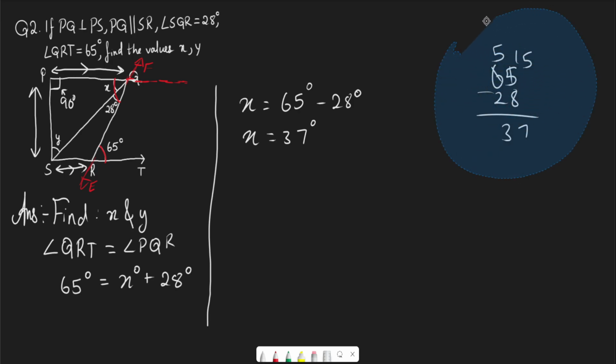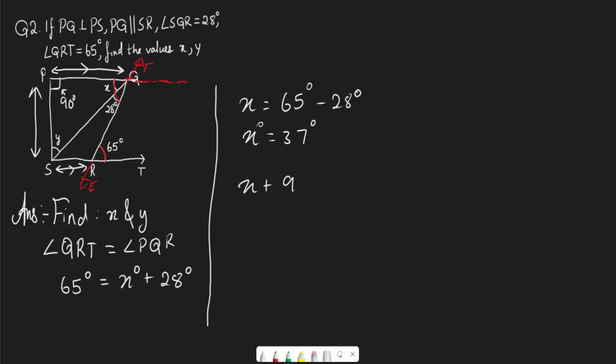Alright. Now we got x, so we know that x plus 90 degrees plus y is equal to 180 degrees. We just wrote angle SPQ as 90 degrees, and we know x is 37, so 37 plus 90 is 127 degrees.